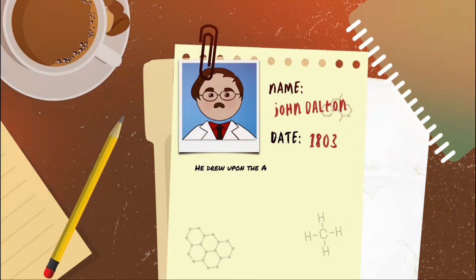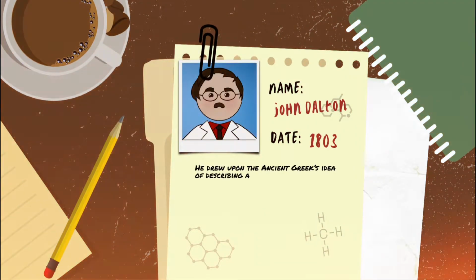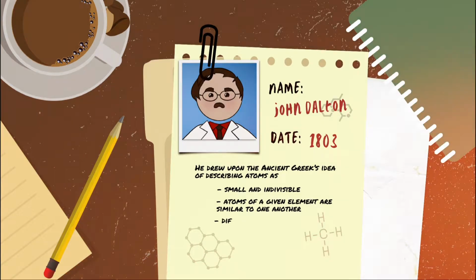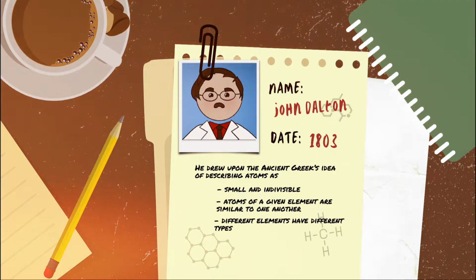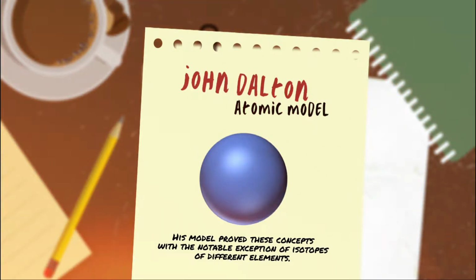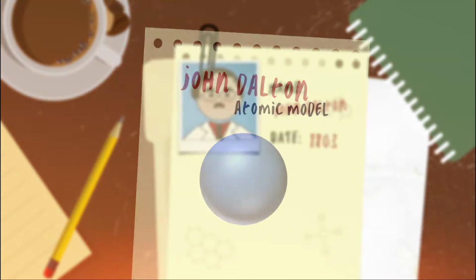He drew upon the ancient Greeks' idea of describing atoms as small and indivisible, the idea that atoms of a given element are similar to one another, and lastly, that different elements have different types of atoms. His model proved these concepts, with the notable exception of isotopes of different elements.